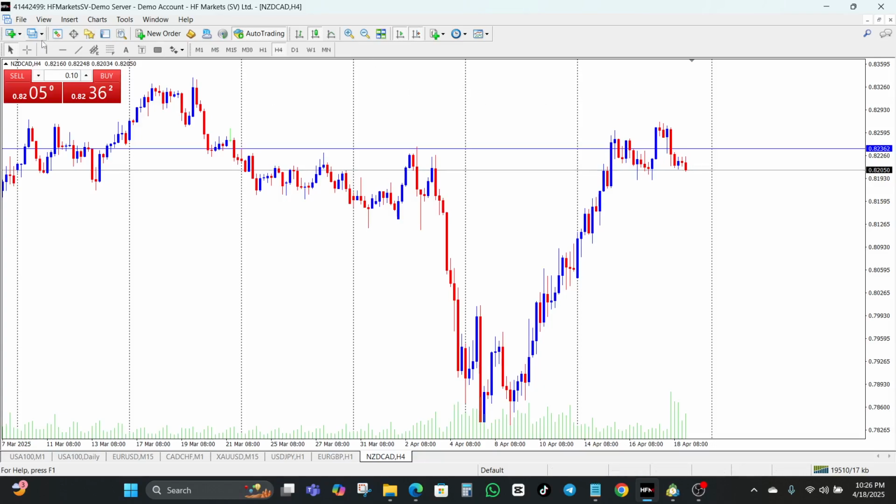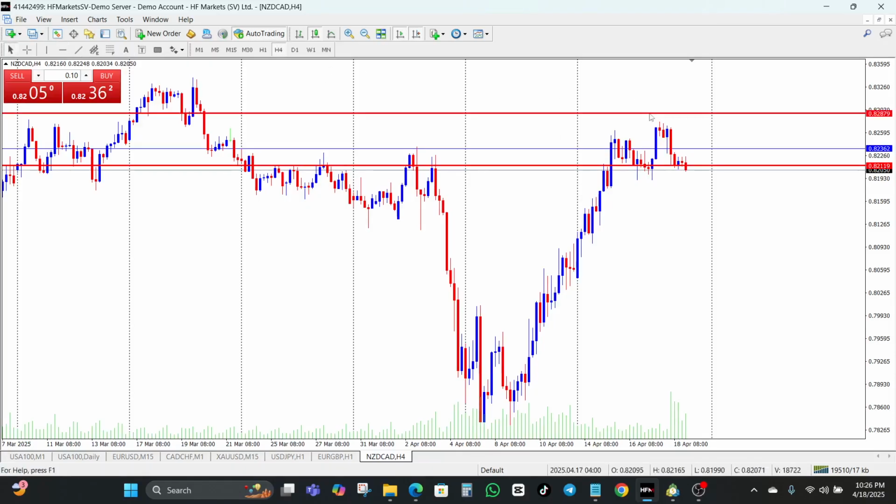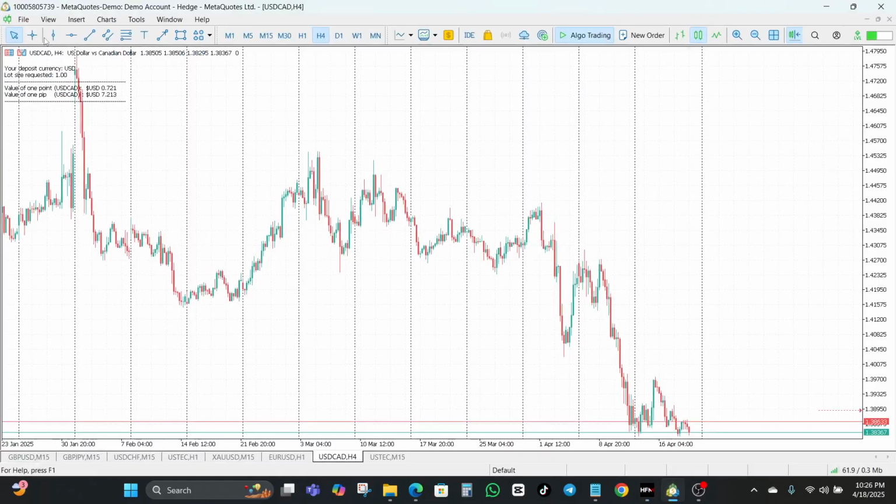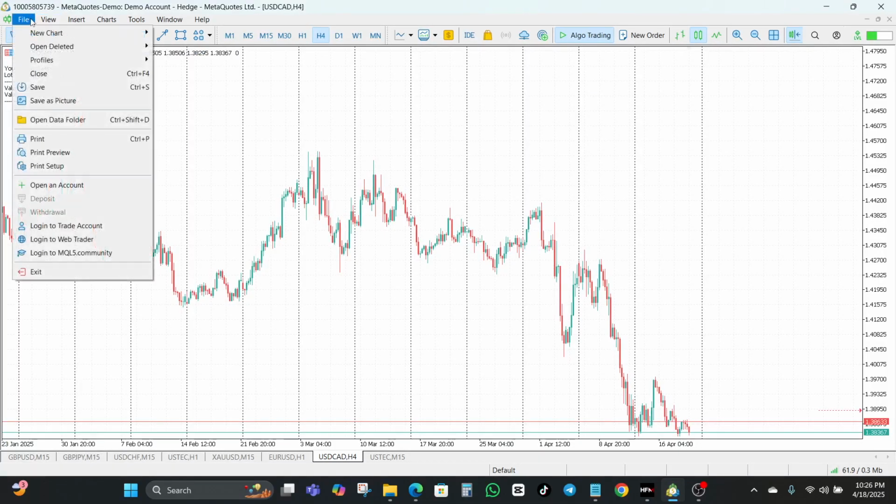So had you entered a sell trade around here, and then maybe you initially set your stop loss around here above the swing high, as the price begins to move in your direction, you can set a fixed number of pips for your stop loss to be adjusting as price moves in your direction. It's a similar pattern on MT5 as well.